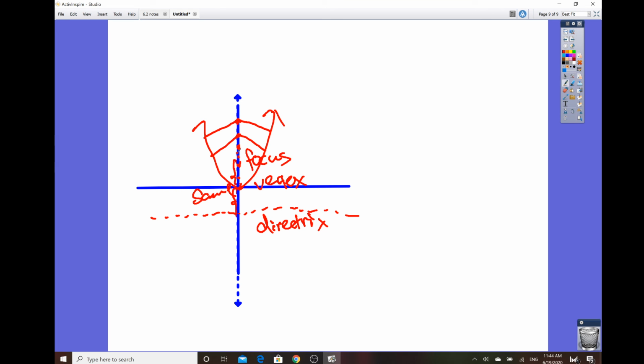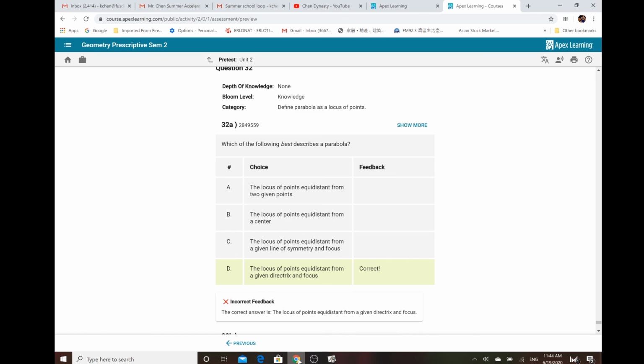Along the line right here there are infinitely many points, and they're all showing equidistance. So the selection for this one is the locus of a point equidistant from a given directrix and focus.